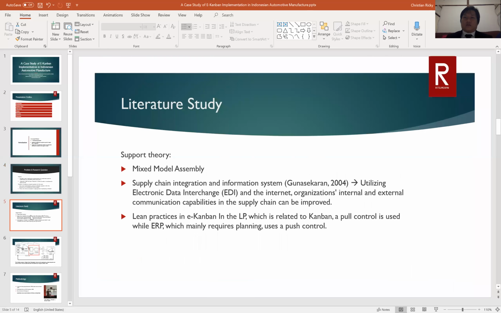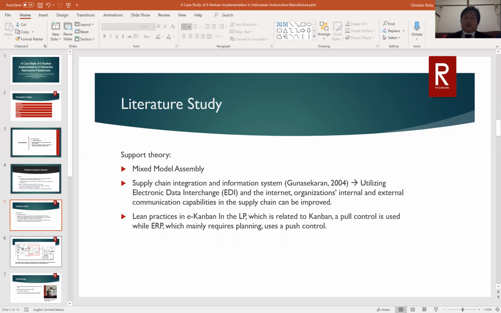Considering that, we do the literature study on the mixed model assembly, which is very common in E-Kanban. Also, we do the literature study in supply chain integration and information system. And the last is the lean practice in E-Kanban, as E-Kanban relates to the pull process in lean practice.